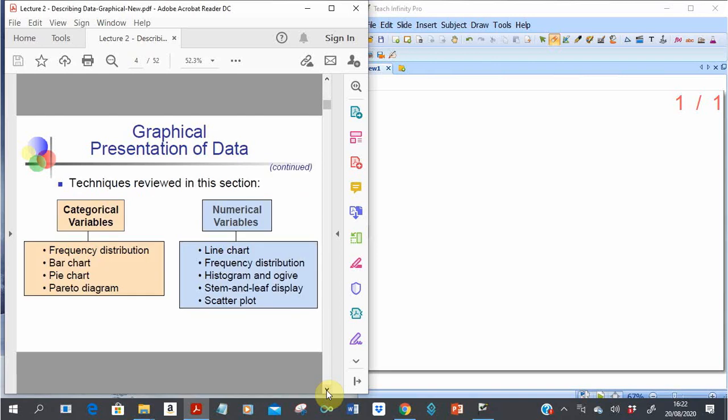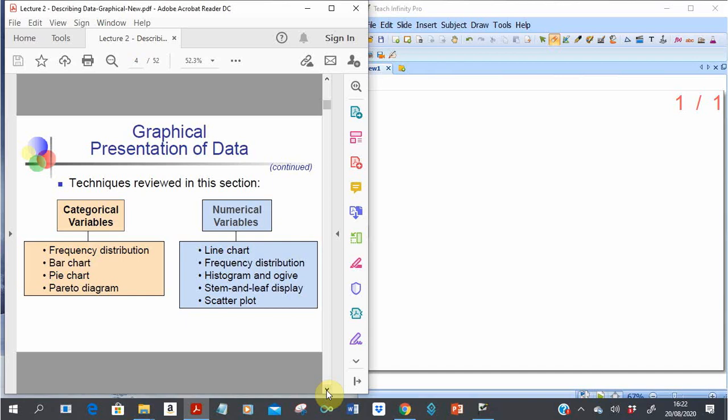Okay, so we have different ways of presenting different types of variables, just as you saw in chapter 1 that we have different types of variables. For categorical data or qualitative data, we use frequency distribution tables, bar charts, pie charts, and Pareto diagrams.